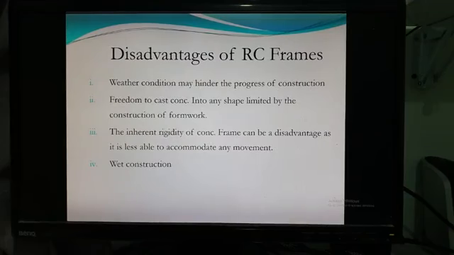So in areas where there is a big risk of earthquakes and tremors, the RC frames which are being constructed without considering these factors will ultimately fail.